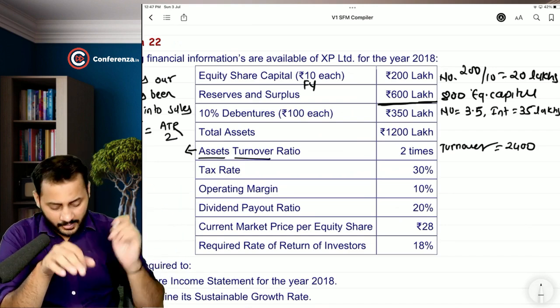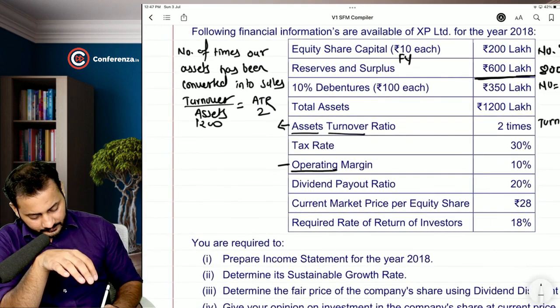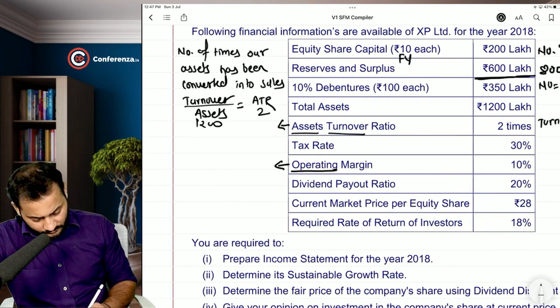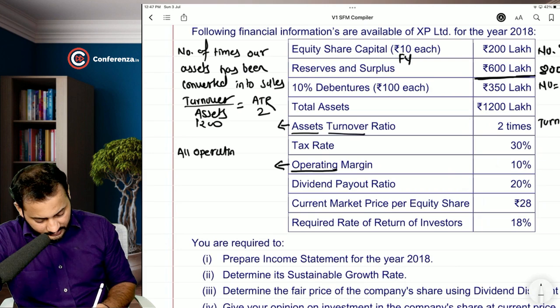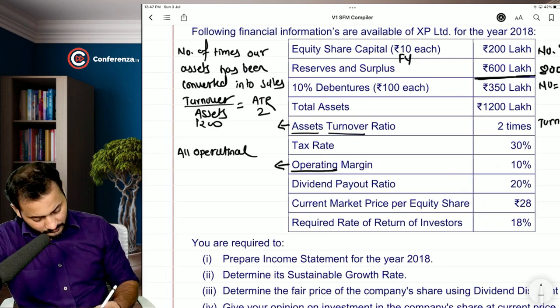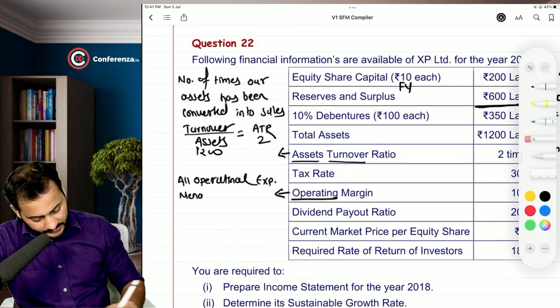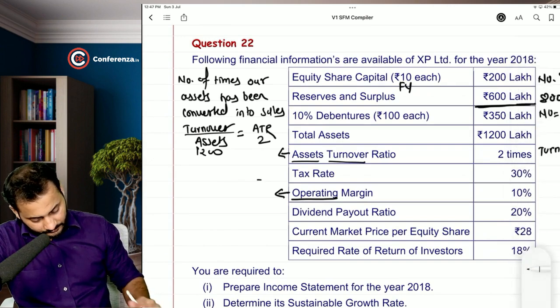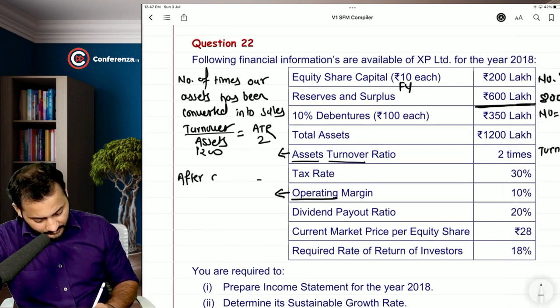Operating margin. See, operating. Underline the word operating. All operational expenses, or we can say after all operational expenses, but before financial expenses.